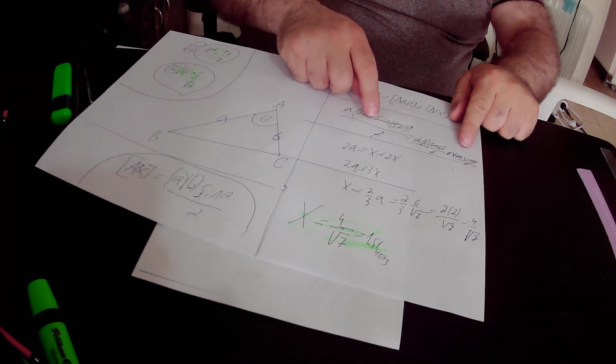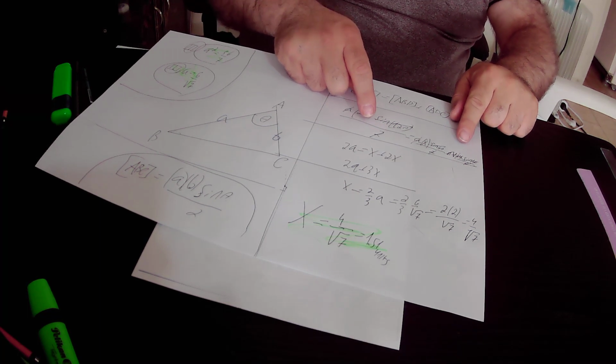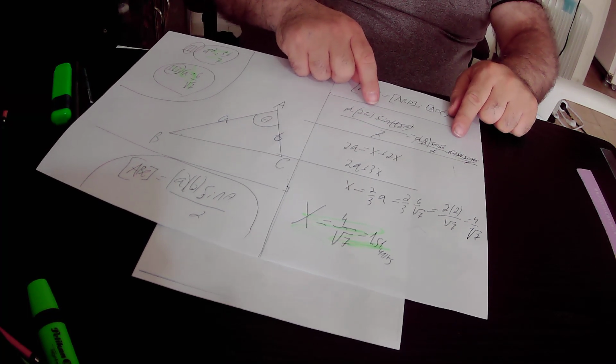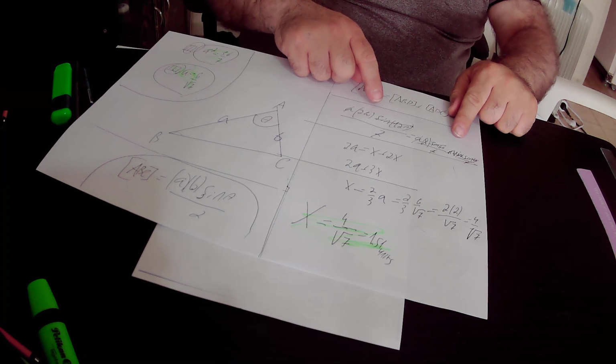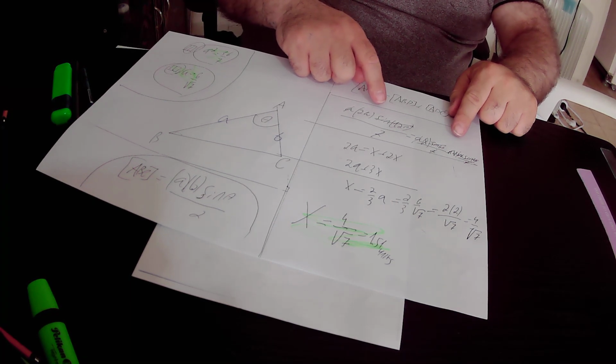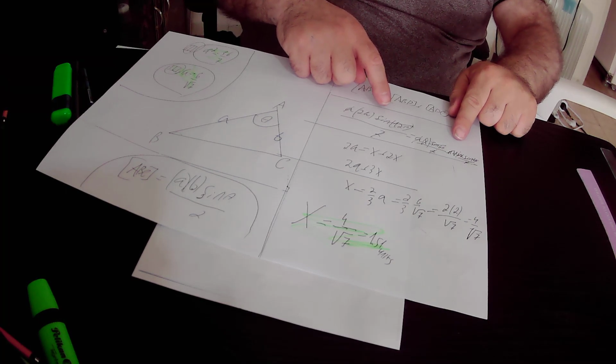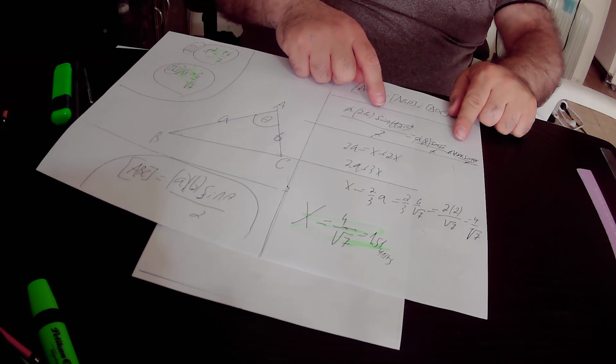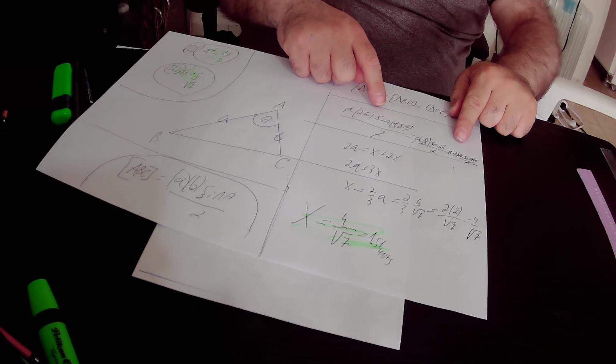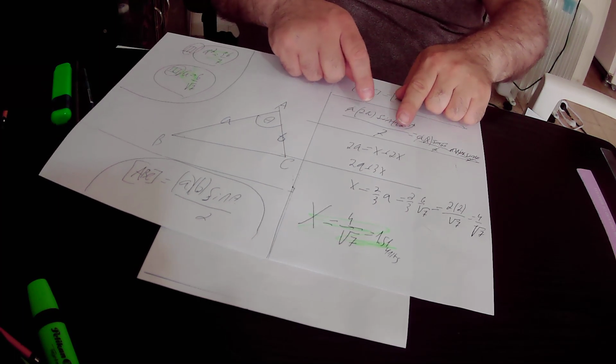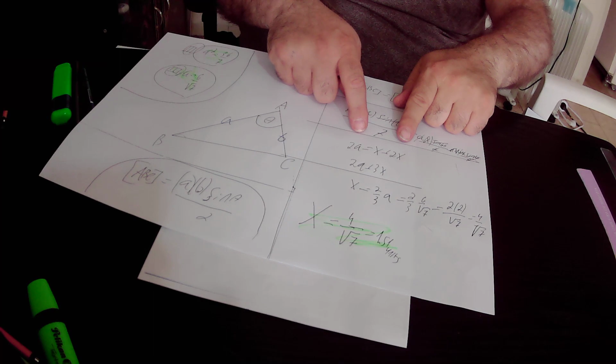We have 2 on both sides of the equation, so 2 will get cancelled. Sine 120 degrees equals sine 60 degrees, and we have sine 60 degrees on both sides of the equation, so sine 60 degrees will also get cancelled. And we have A on both sides, so A will also get cancelled. And finally we found out that 2A equals x plus 2x.